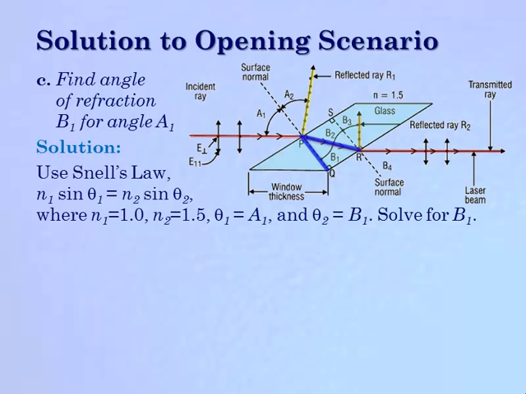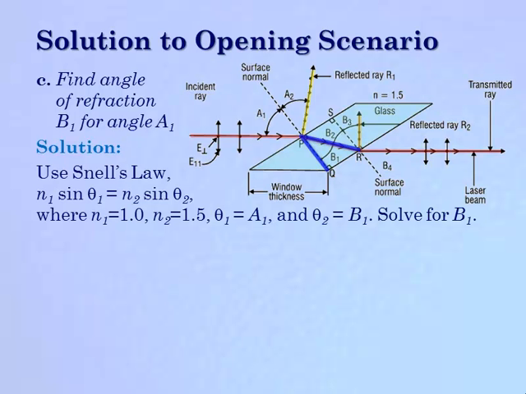So here in our case, n1 is the index of refraction of the media outside, which we'll presume is the air, with an index of refraction of 1, and n2 is the index of refraction of the media that we're going into, which will be 1.5. Angle A1 will be the angle of incidence in the air, and angle B1 is the angle of refraction inside the media, in this case our glass.